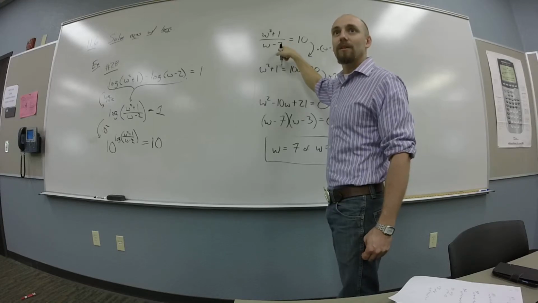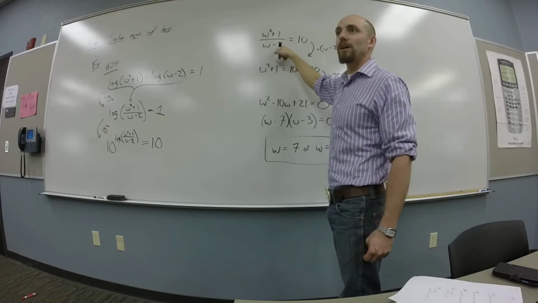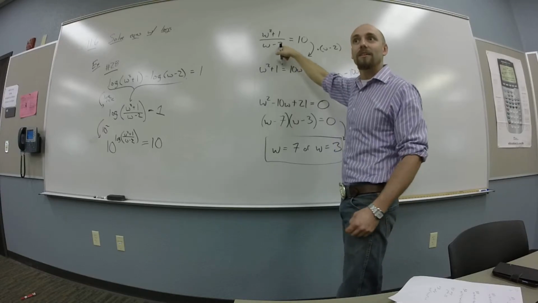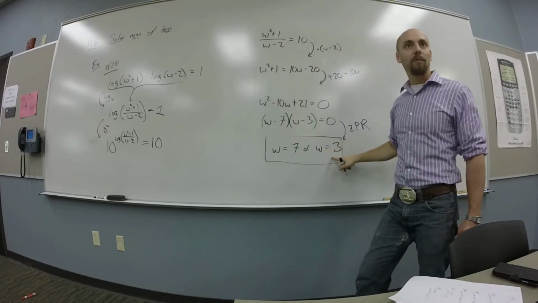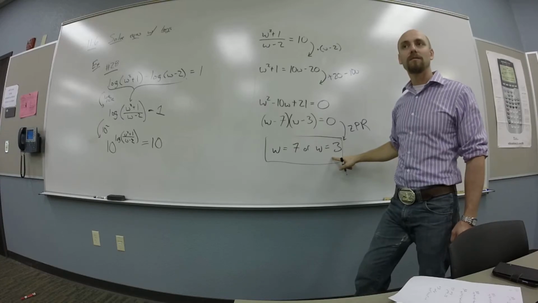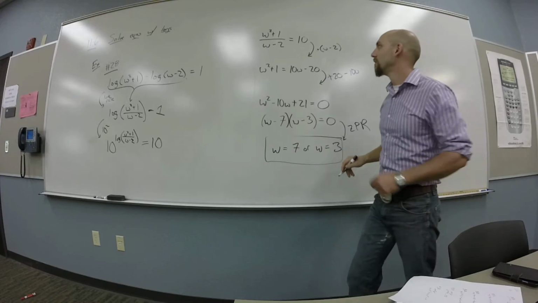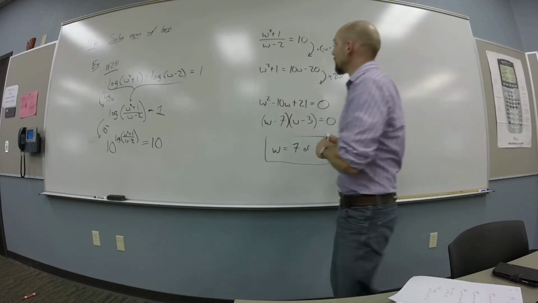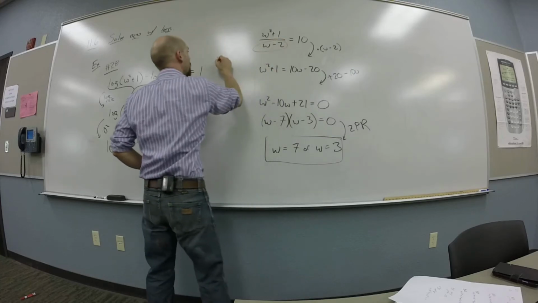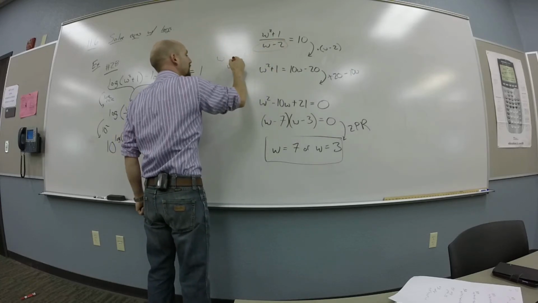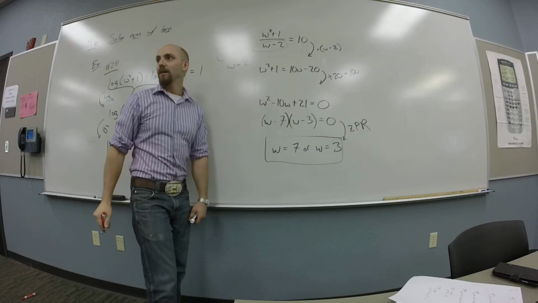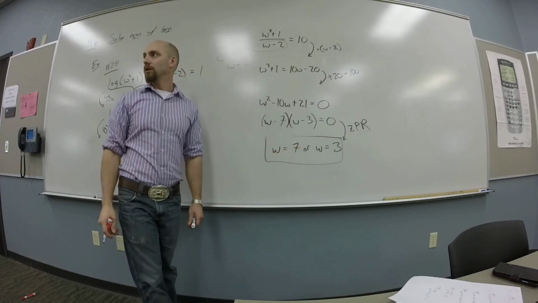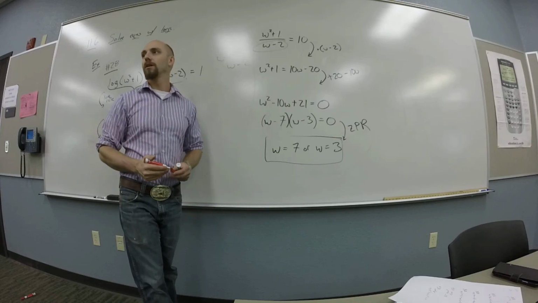That means I'm looking for w is 2. Neither of these are a problem for that. They don't cause division by 0. Remember, this is me worrying about this guy. So when w minus 2 is 0, that means w is 2. Neither of these numbers is 2, so I'm not worried about that anymore. You guys see that? As long as they work. Okay, so they both work. Cool.